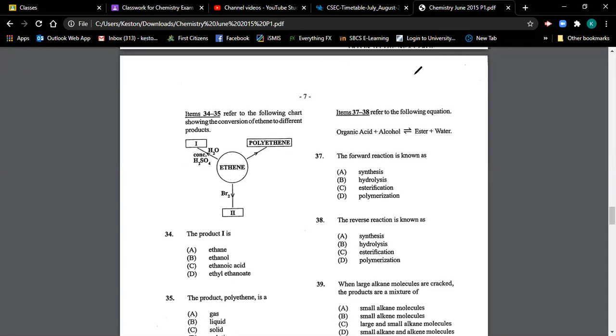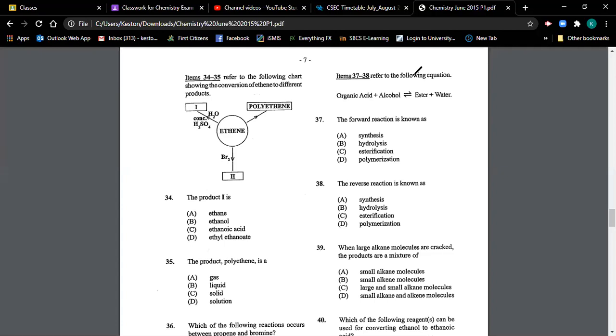And 35. The product polyethylene is a gas, liquid, solid, or solution? Polythene, the polythene bags. So what is it?